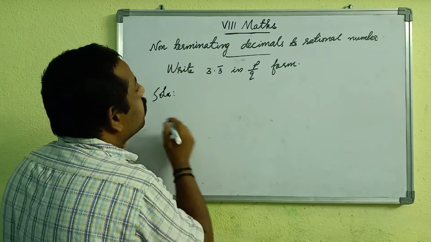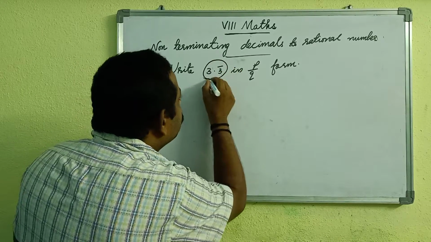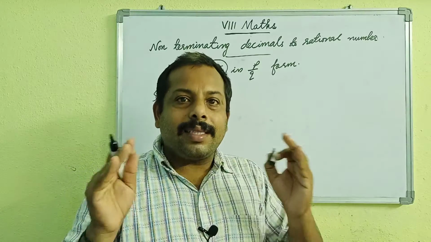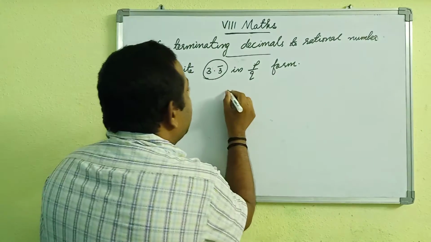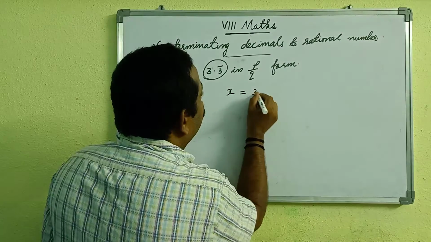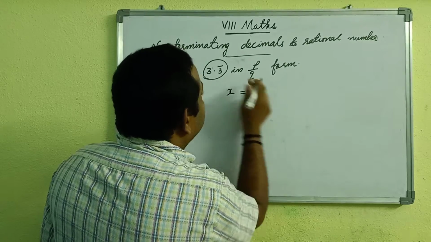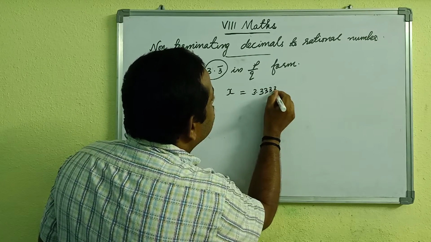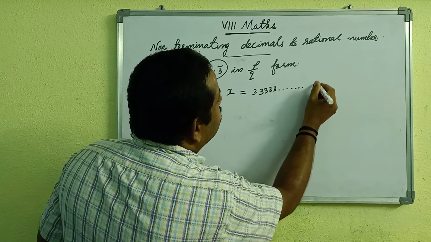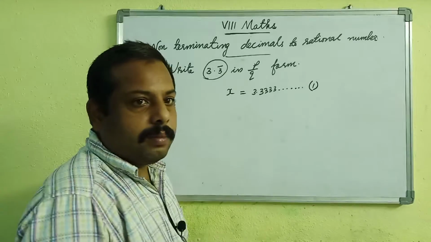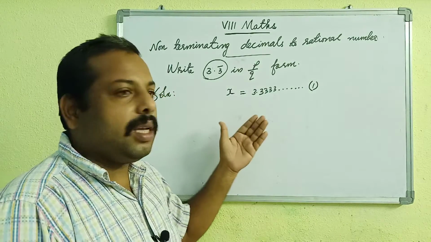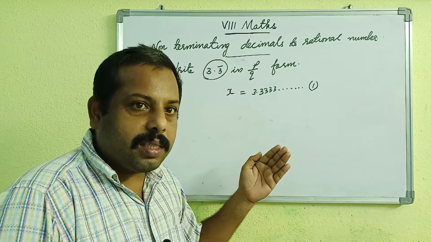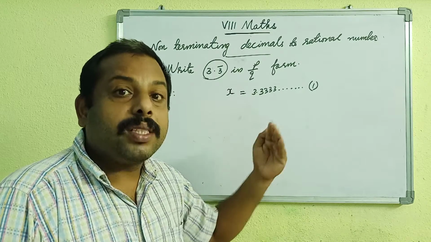Solution. What we want to find, let us take it as x. So x is equal to 3.3 bar, in the sense 3 is repeated. Let me write it like this. First equation. What is the periodicity here? Periodicity, as we have just discussed, is the number of decimals repeated.